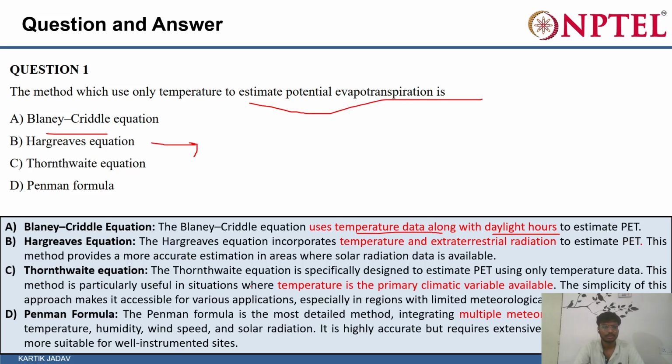So our answer is the Thornthwaite equation, which uses only temperature data, and the Penman formula is very complex, also known as the FAO-56 method, and it requires large, complex data on environmental factors as well as crop characteristics. So our correct answer is option C, Thornthwaite equation.